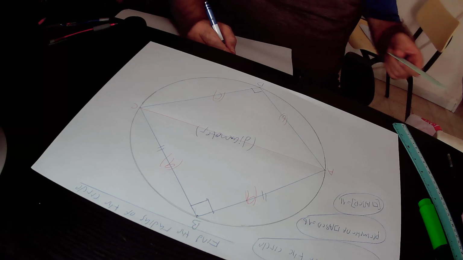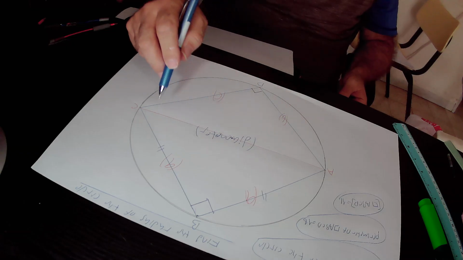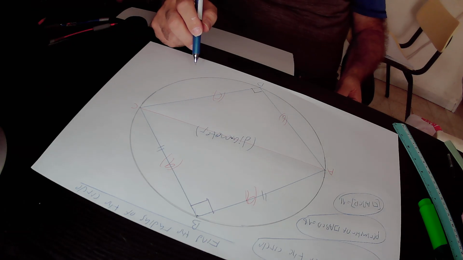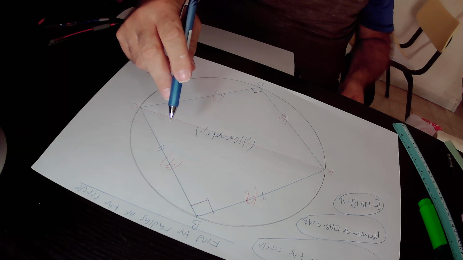According to the Pythagoras theorem, in this right triangle ABC, AC squared, that is the square of the hypotenuse, will be equal to AB squared plus BC squared.